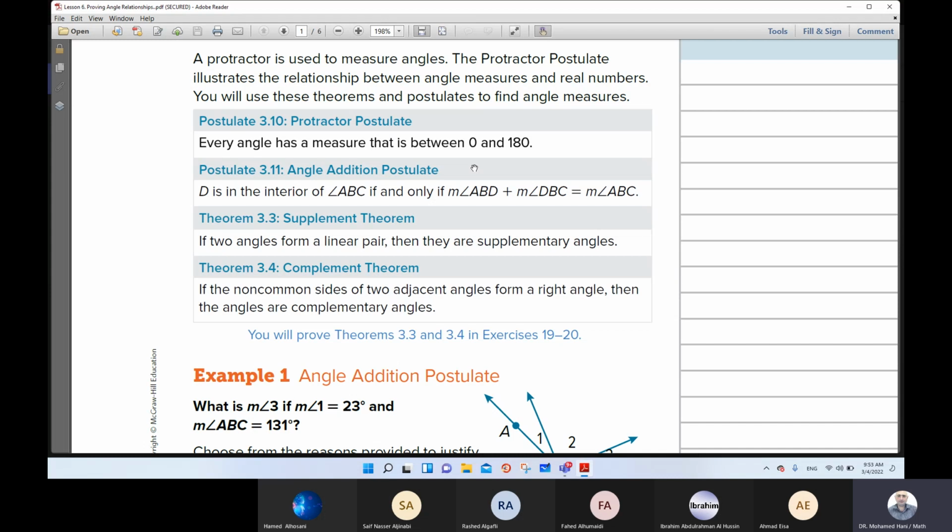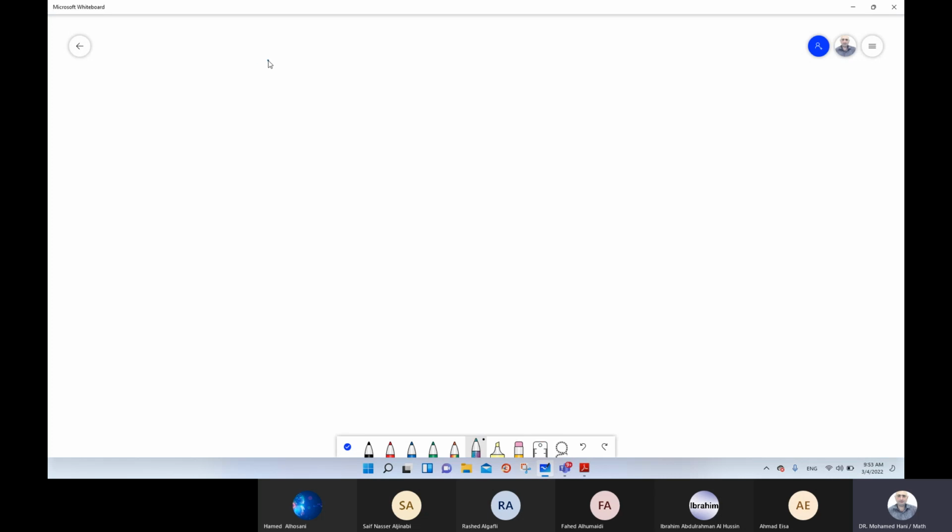As you remember, we have about 5 types of angles. We have zero angle, like this. This is 0. We have straight angle.